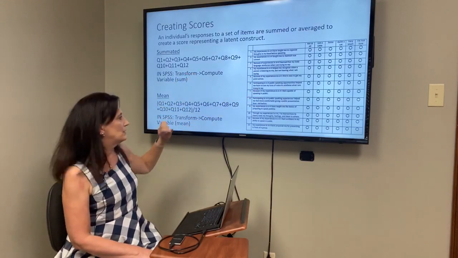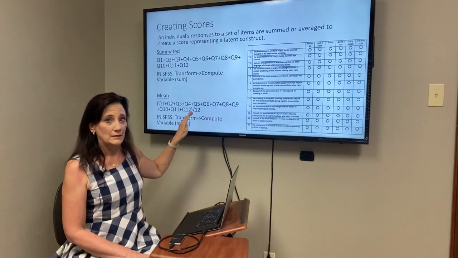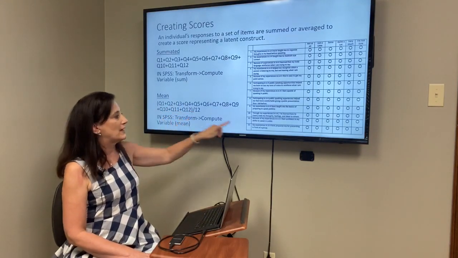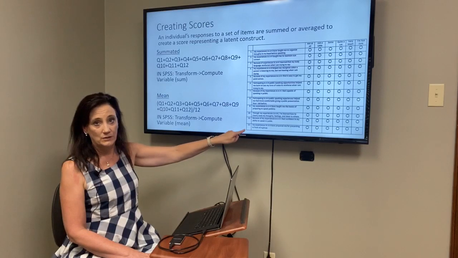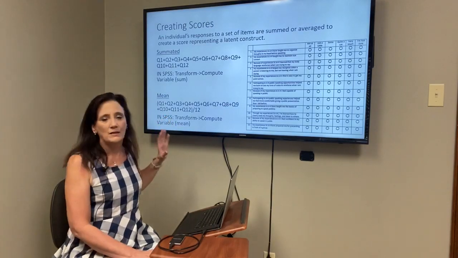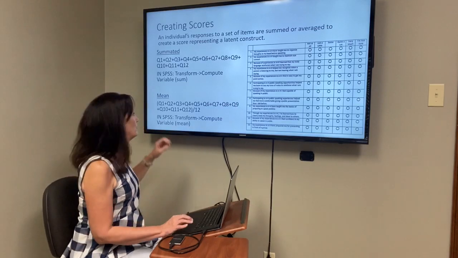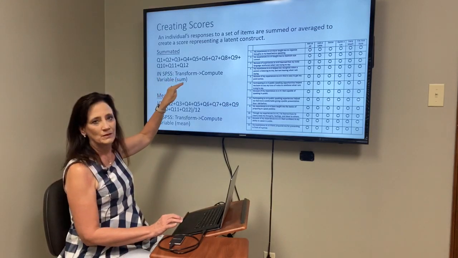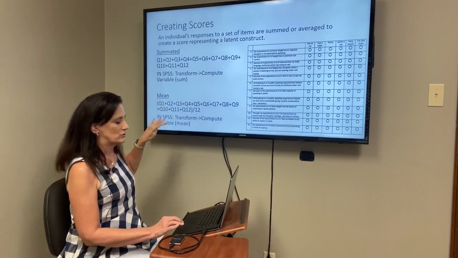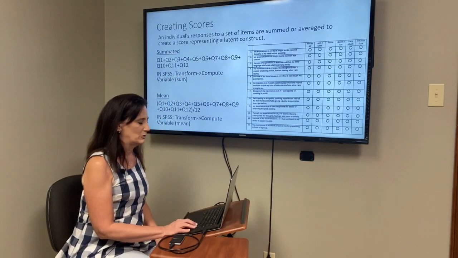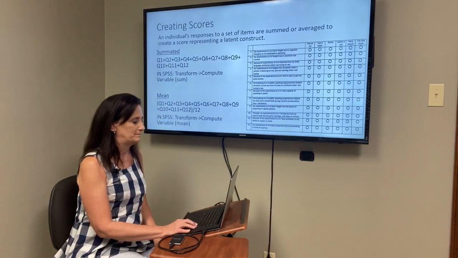Summated is added up. Or mean, which is added up and divided by the number of items that you have. But you don't have to do that math. SPSS is going to do it for you. I've given you the places to click right here. So make note of that on your PowerPoint so that you can come back to it if you need it.